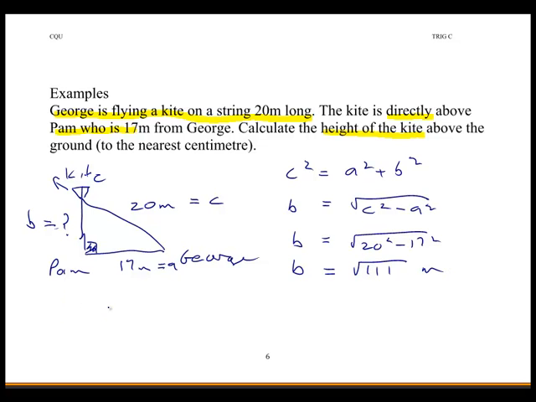Remember the units, which is metres. And like I said, you can give it in its decimal form, that's fine. Remember to answer the question.